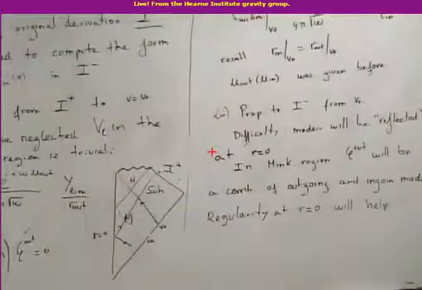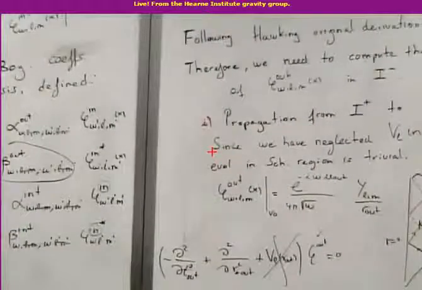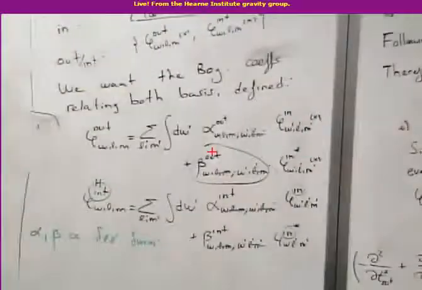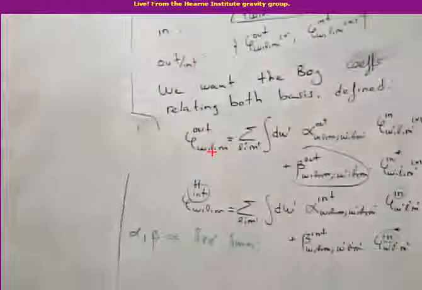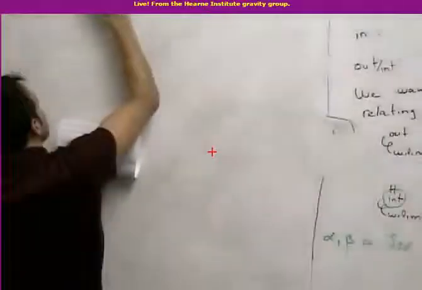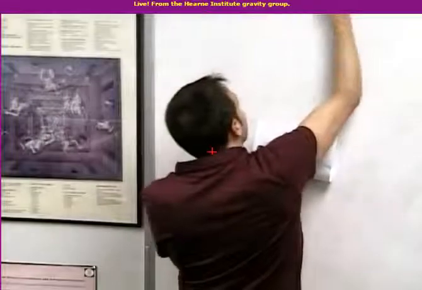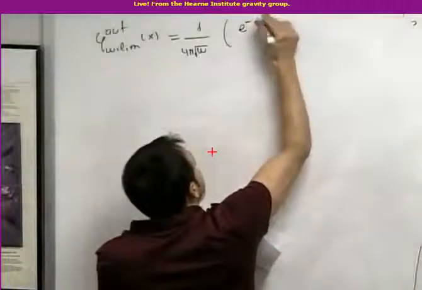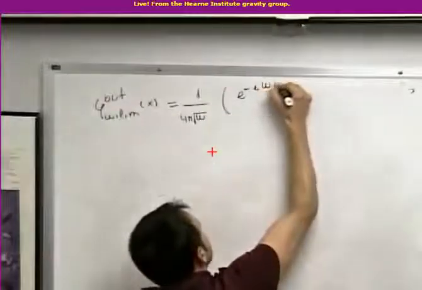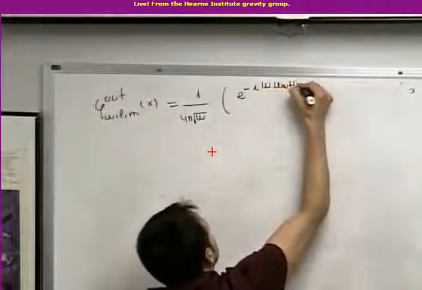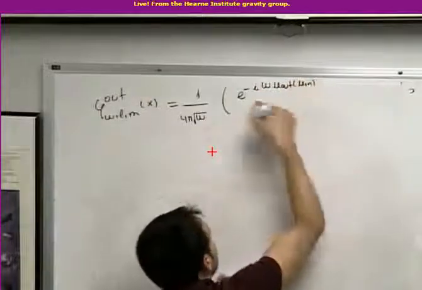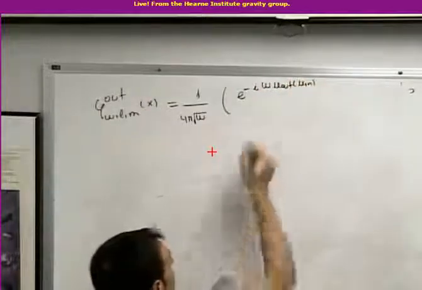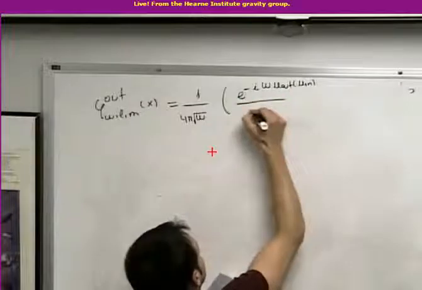So what I want to say is that the out modes in the Minkowski region are going to be a combination of outgoing modes, which are going to be the ones that I wrote there, e to the minus i omega u out as a function of u in. They only depend on u in in that region, so they are outcoming, divided by r.